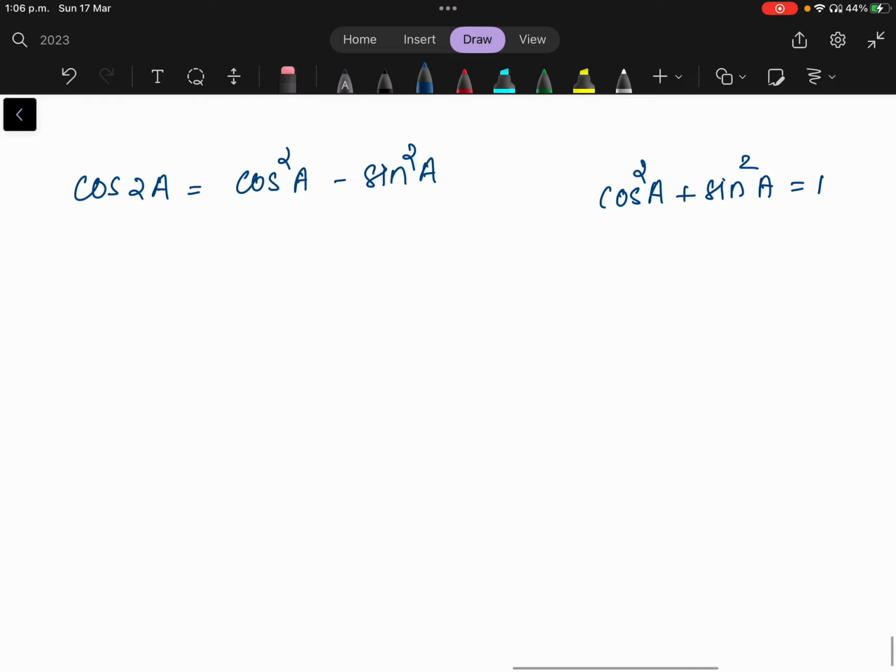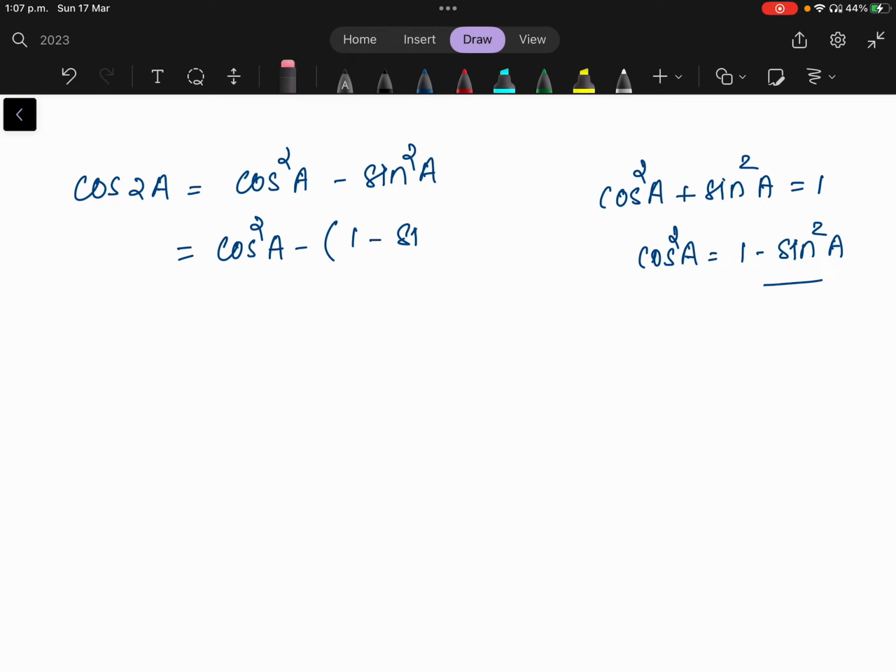From this, you can write cos square A as 1 minus sin square A. Subbing this in for cos square A, it is 1 minus sin square A minus sin square A, that is equal to 1 minus 2 sin square A. So this is a different variation.